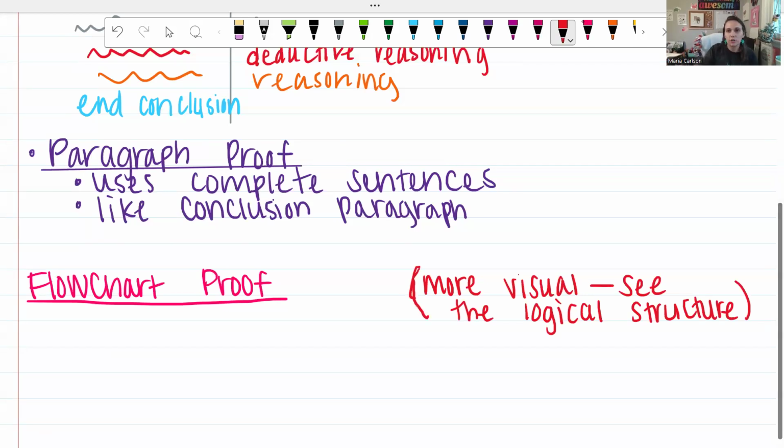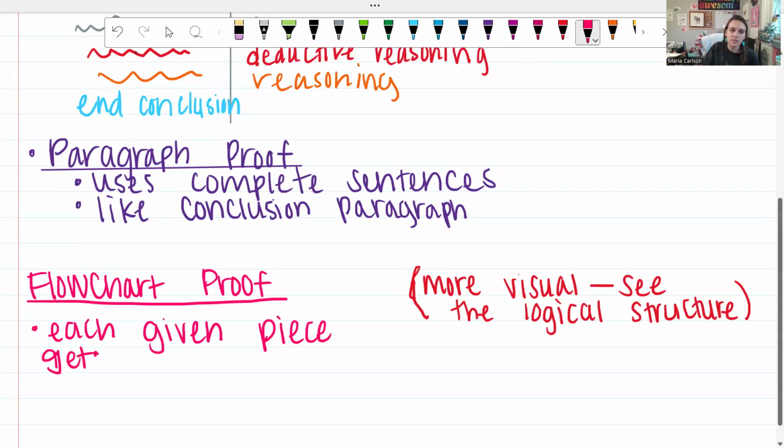So your flowchart proof, each given piece, you always start out with those pieces of given information. Each given piece gets its own box to start out.